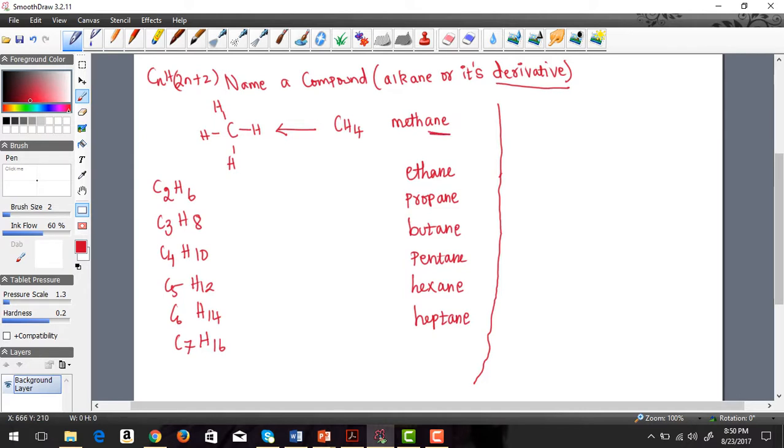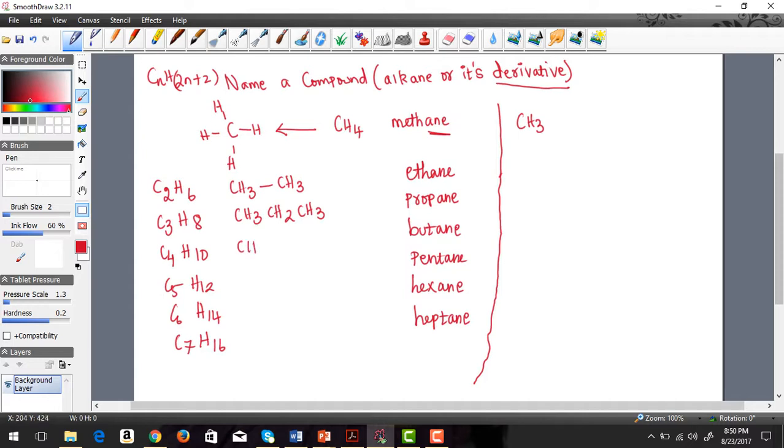It's just that simple. In a compound you would see right away that all of these will be 1 hydrogen short. Now the condensed form for ethane would be this, and propane would be this. I'm not going to write all of them, probably a few.